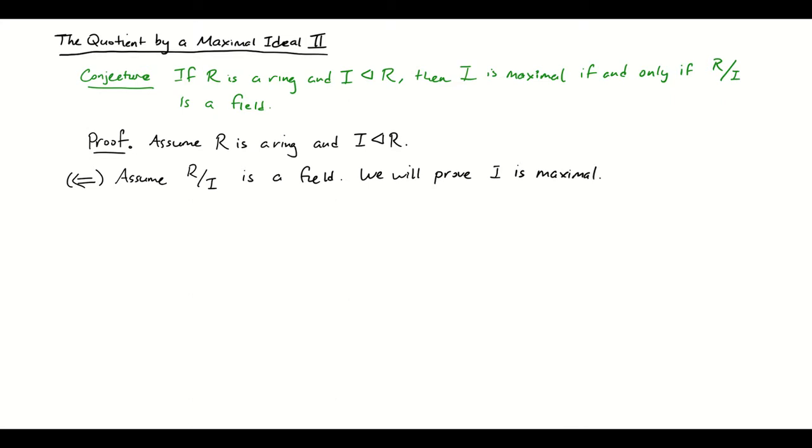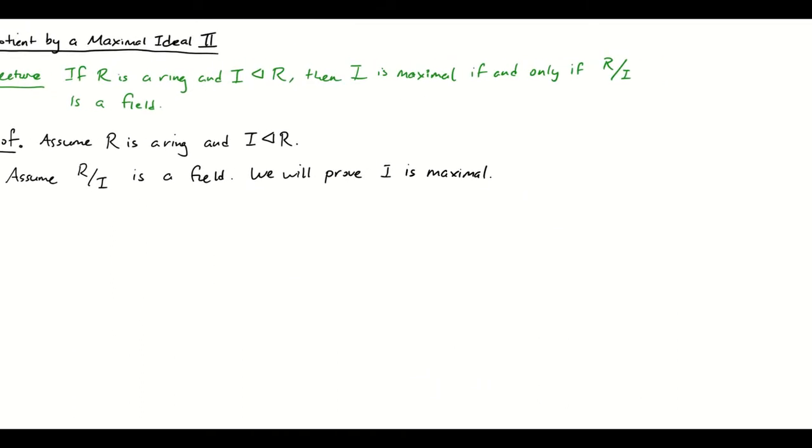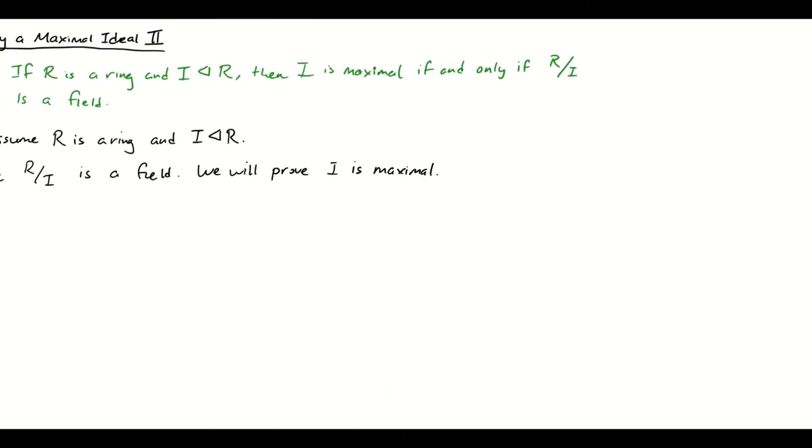Okay, but how do we prove that an ideal is maximal anyway? Let's just think about that for a minute. Let's just take a sidebar here. Sidebar, Your Honor. Okay, how do we prove an ideal is maximal?